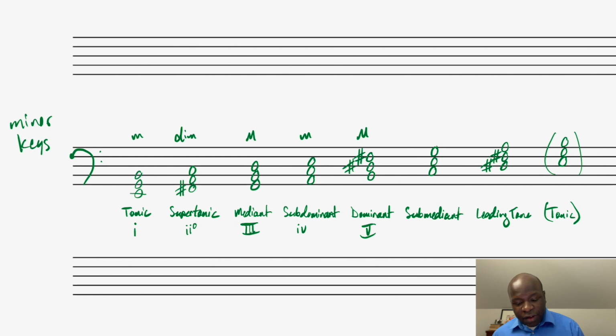Our 6th chord, our submediant triad in minor keys, is actually going to turn out to be major. And our 7 chord, kind of like with the dominant, we want to make sure we have that leading tone present. With the leading tone chord, because it is still a leading tone chord, I again want to have that leading tone, which means I've got another example of a diminished triad here.